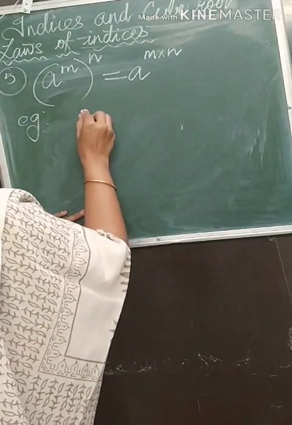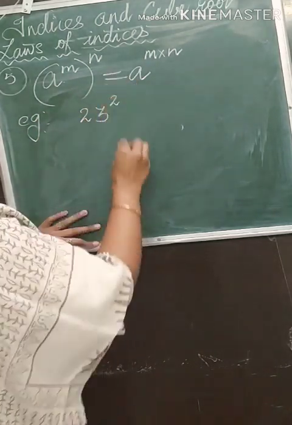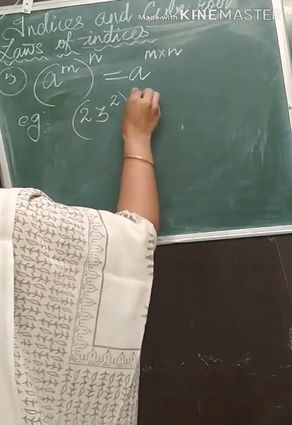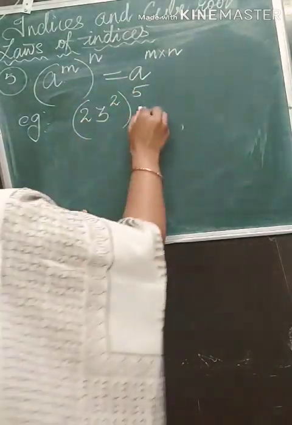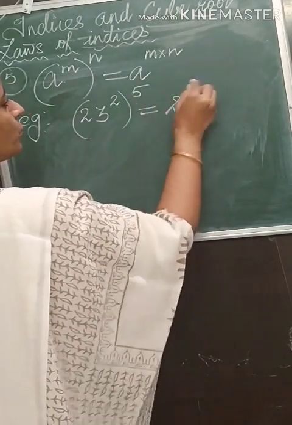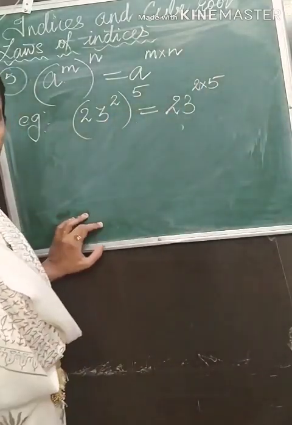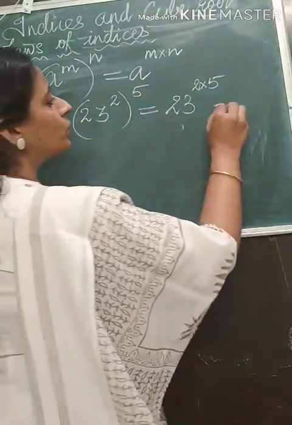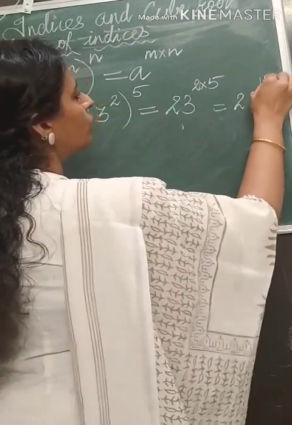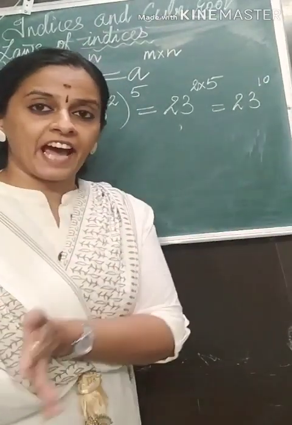That is, if I have 23 raised to 2, the whole raised to 5, so this will be 23 raised to 2 into 5. These two indices we will multiply. 2 into 5 is equal to 23 raised to 10. 23 multiplied 10 times.